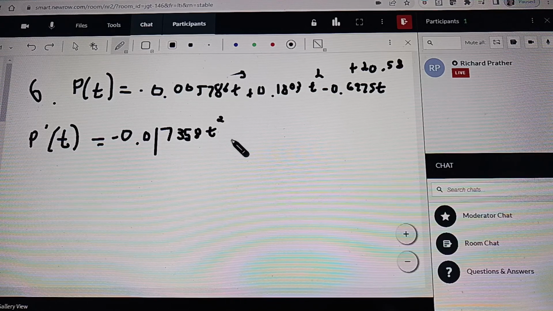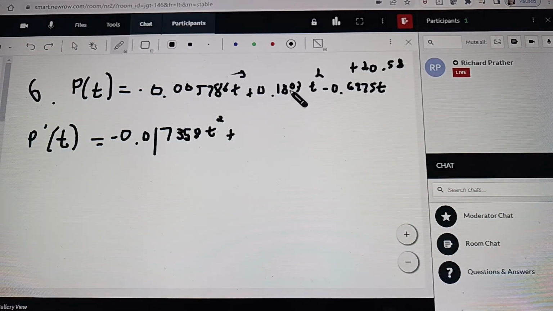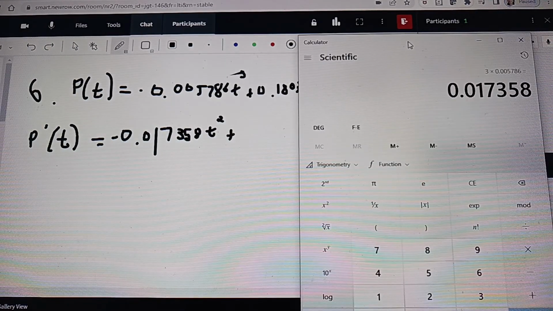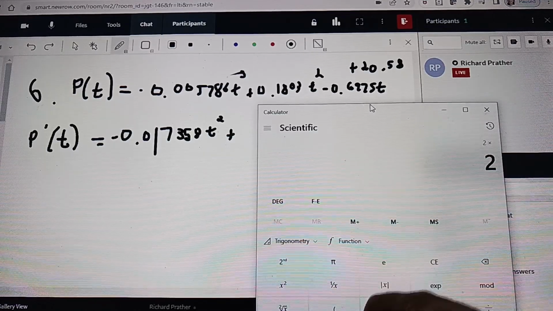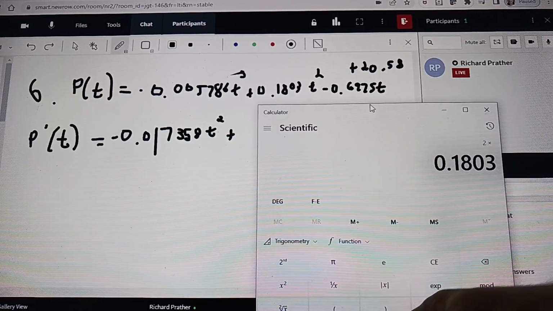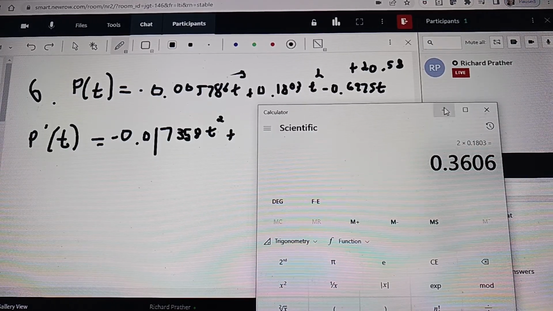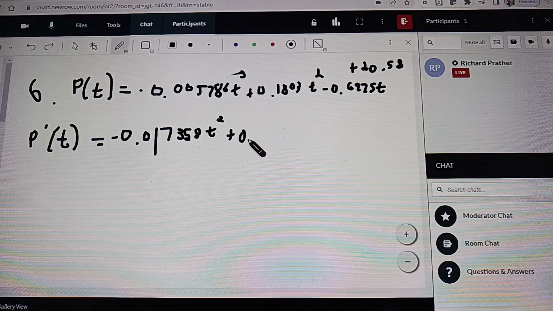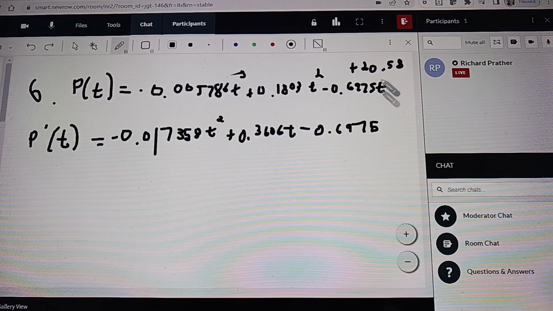Decrease the exponent by 1. And then 2 times 0.1803 is 0.3606t. And then this part's easy, at least just that constant in front is the derivative part there. And the derivative of this constant is nothing.